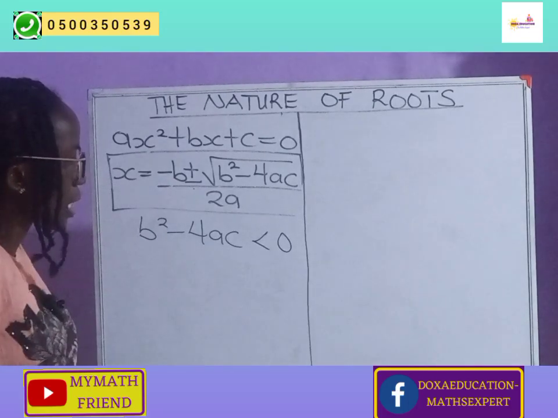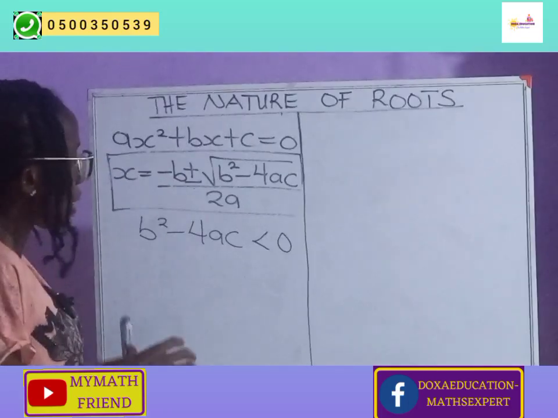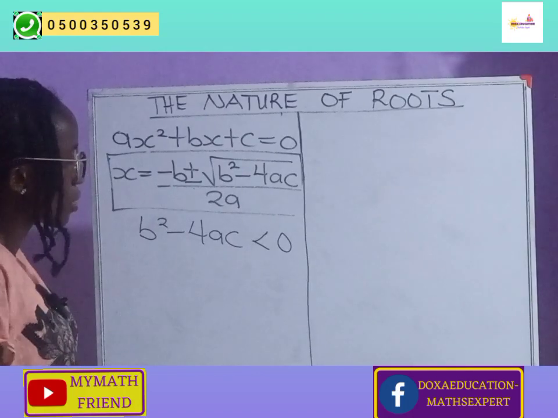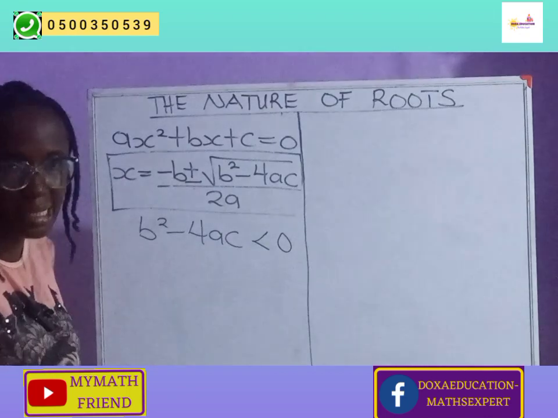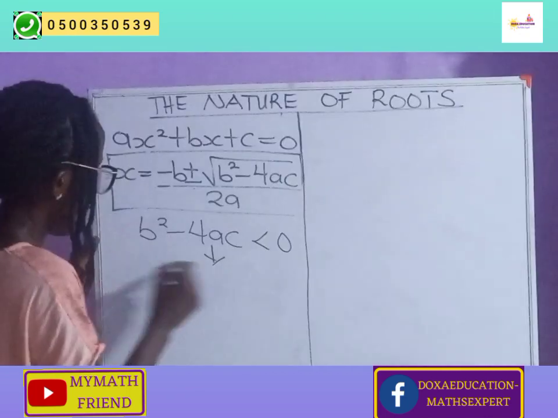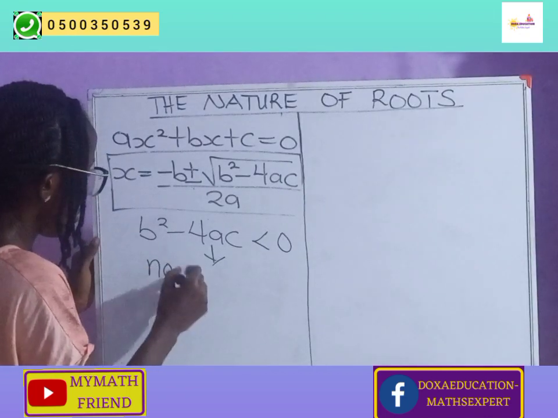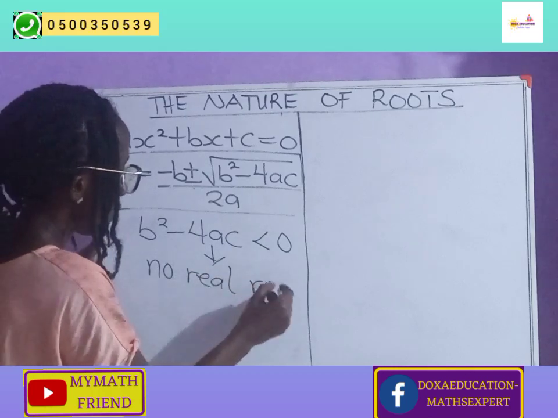So it means our roots are going to be unreal. They do not exist. So we say no real roots.